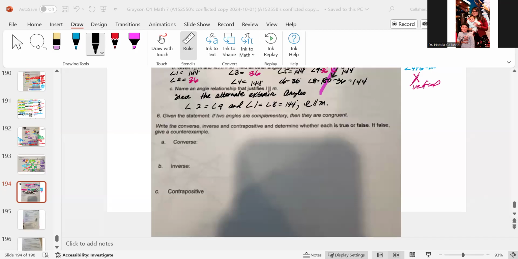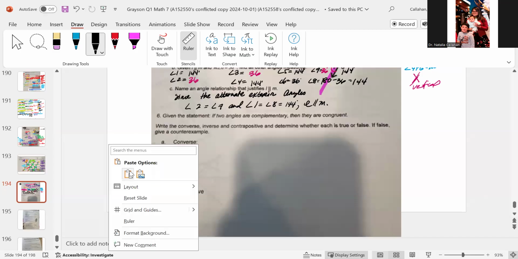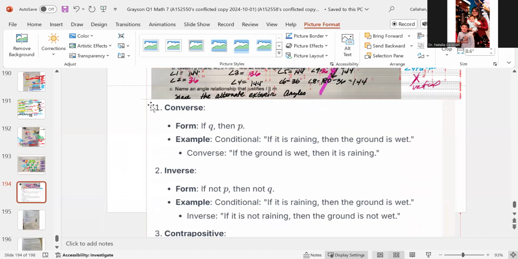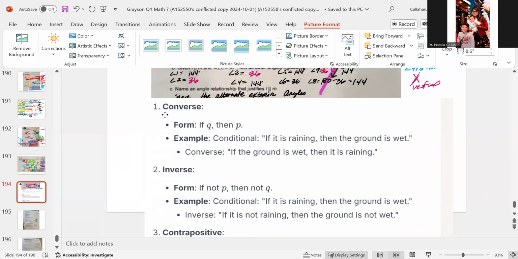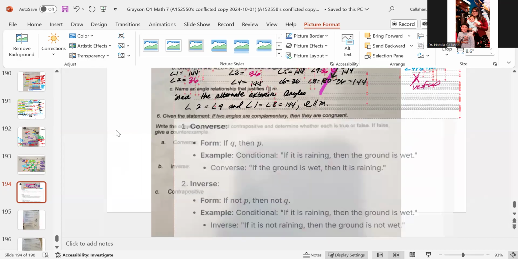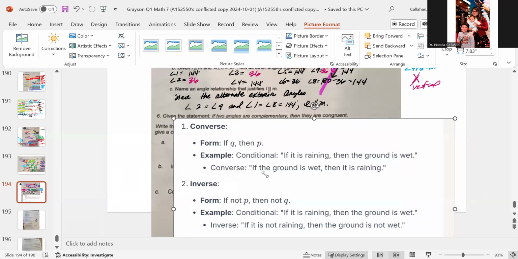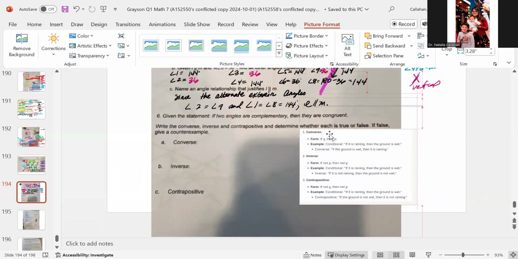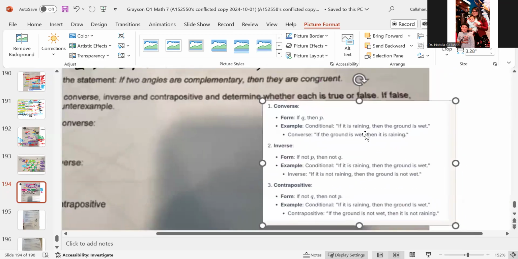So write converse, inverse, contrapositive. Because she needs to give you notes for this. Like she can't just expect you to know how to do this. It's ridiculous. Do nows are not enough to type this out and understand.